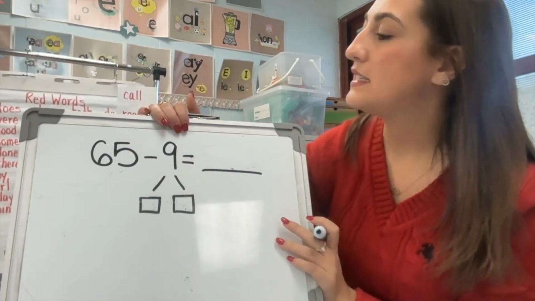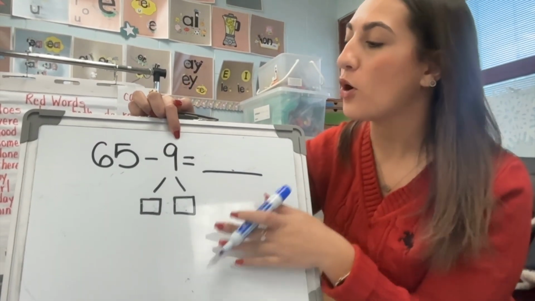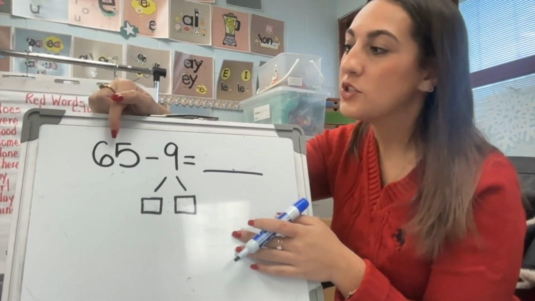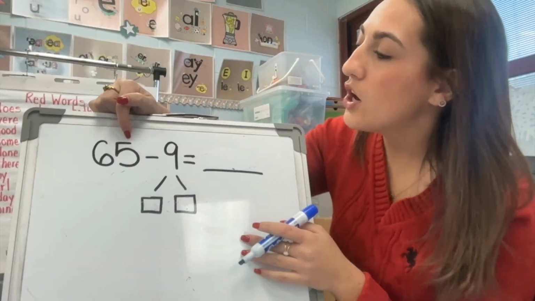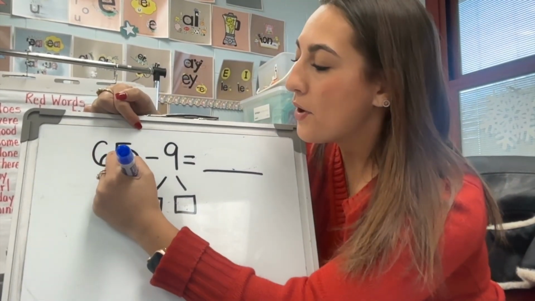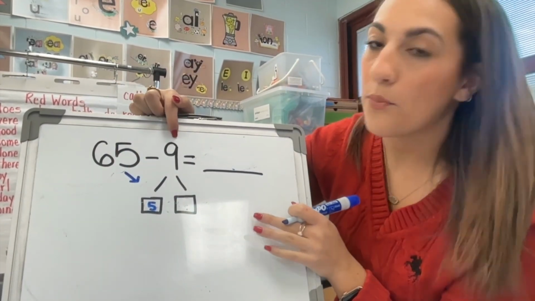So the idea here is to look at our second number that we are subtracting and break apart that ones value, looking at the ones value from our first number. So I have 65. I know that I have 5 ones in 65. I'm going to now put that 5 in this box. Now I'm breaking apart my 9.